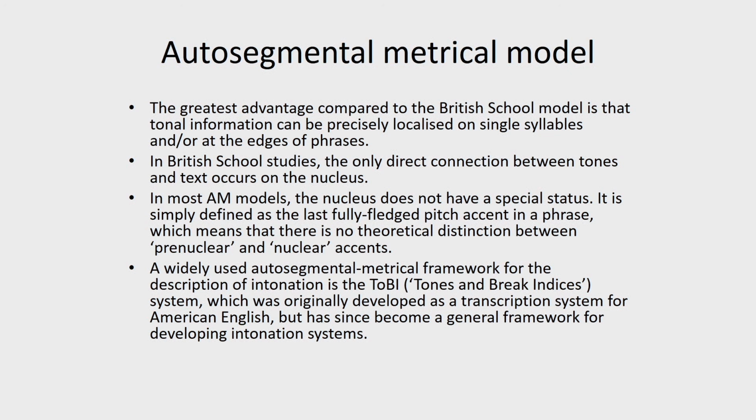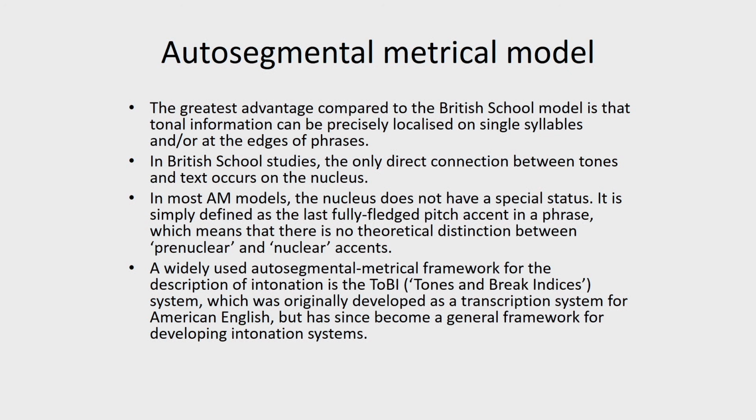In the British school, the only direct connection between tones and text occurs on the nucleus, but here the connection is quite direct. In most autosegmental metrical models, the nucleus does not have a special status. It is simply defined as the last fully fledged pitch accent in a phrase, and does not have the status that it has in the British school.